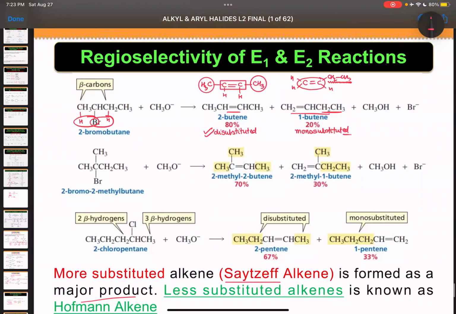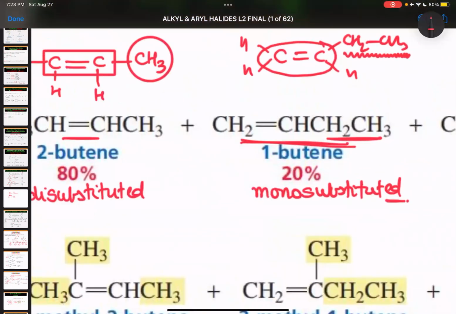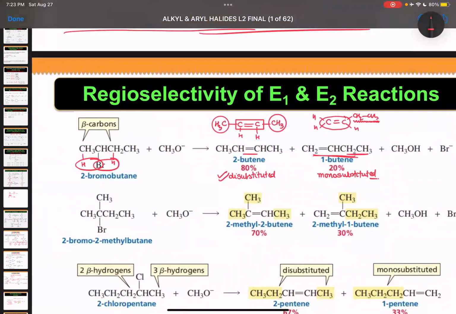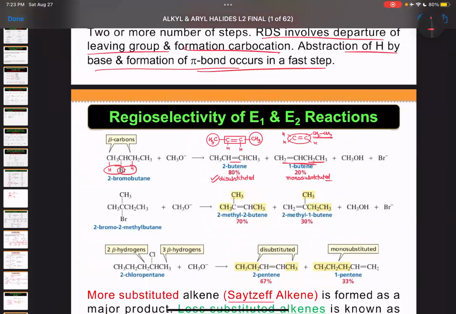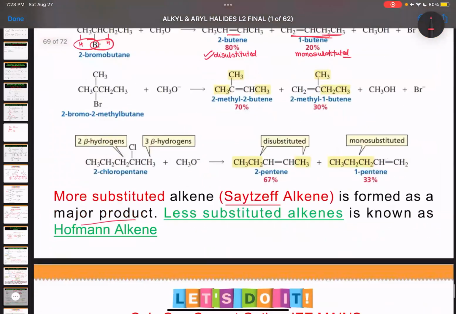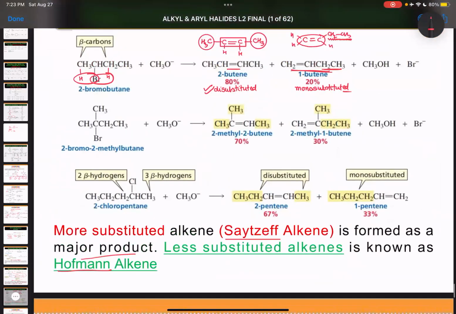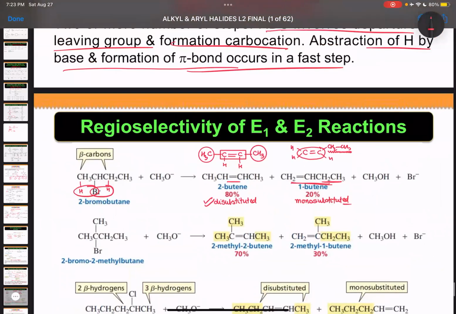Okay, and that is the minor alkene. So this is going to be the minor product, and this alkene is known as the Hofmann alkene. The less branched alkene is known as Hofmann, and the more branched, more substituted alkene is known as the Saytzeff alkene.